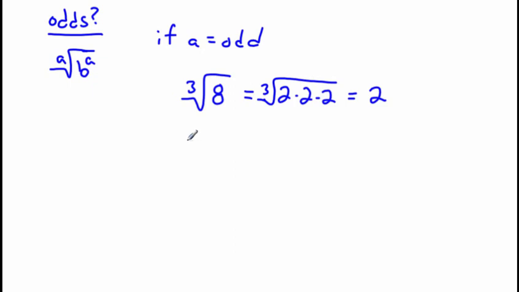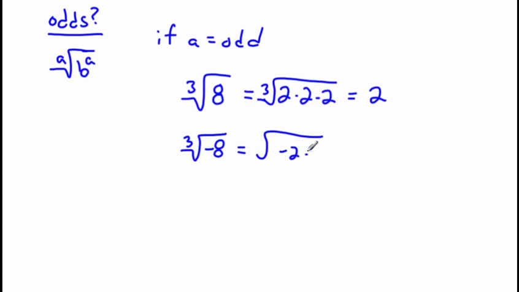On the other hand, if we had negative 8 in this case, this would be what times itself 3 times would give me negative 8. In that case I have 3 multiplications, so if I have a negative in there, that's going to be negative, negative, negative, and that should give me a negative.